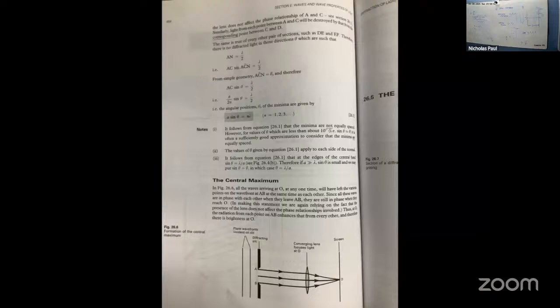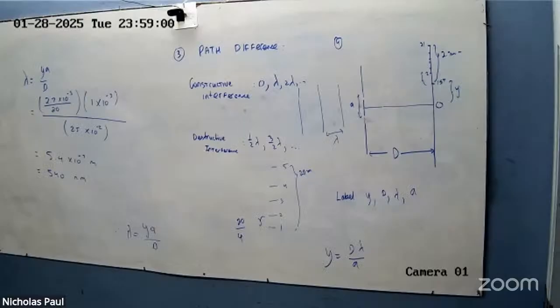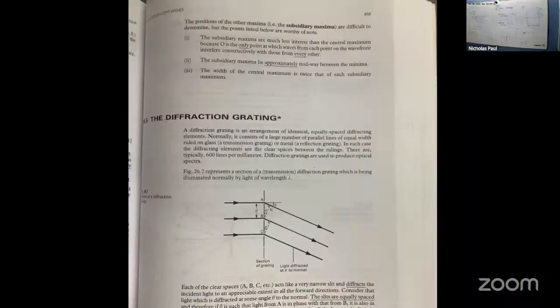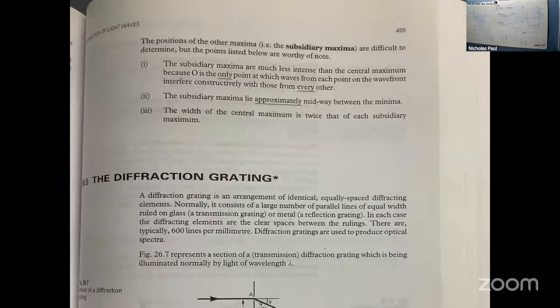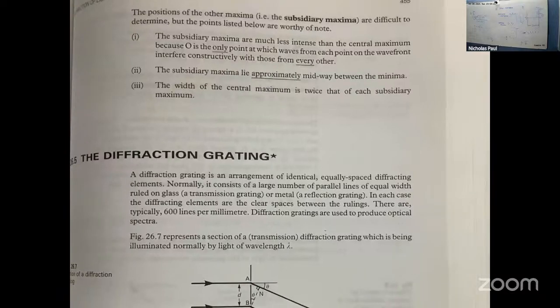And then on page 455, they said the positions of other maxima are difficult to determine, but the points listed below are worth noting. So here's what's important about them.